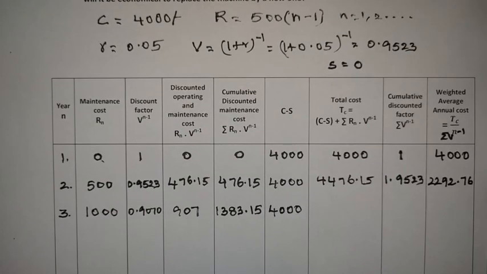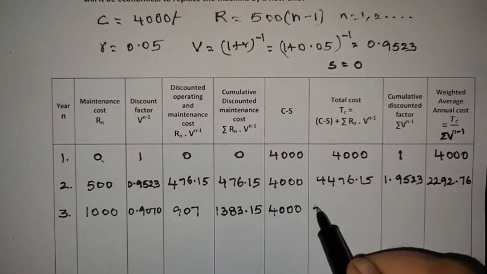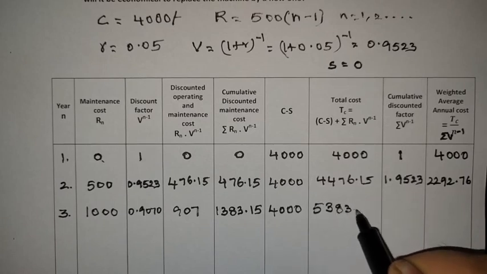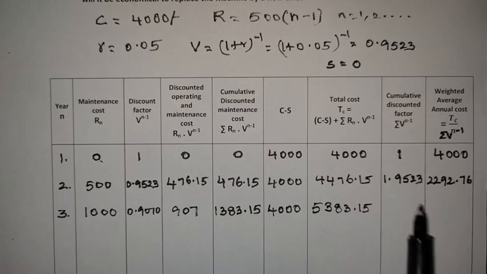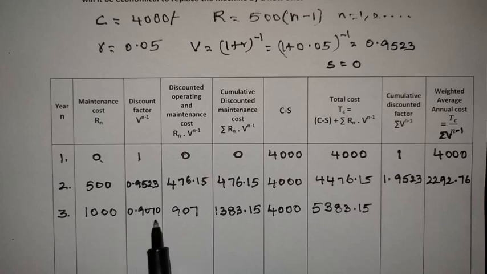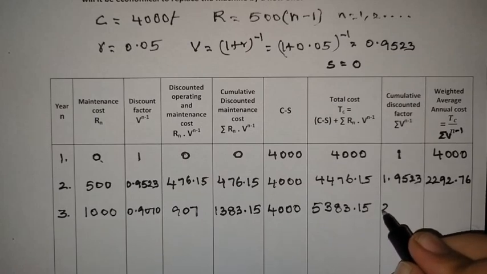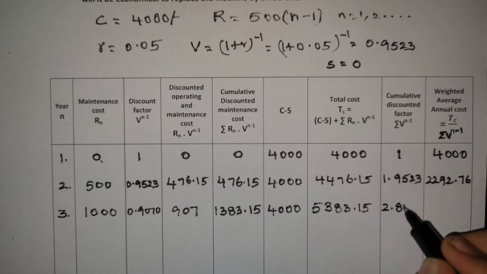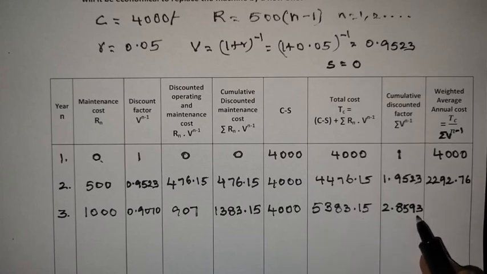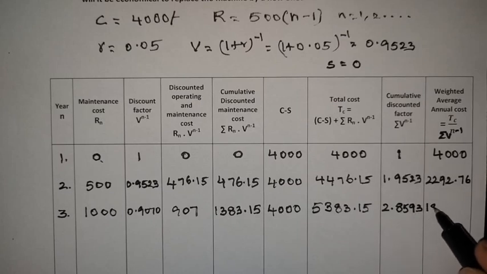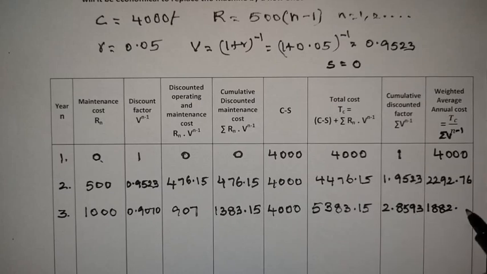Total cost is 4,000 plus 1,383.15, which gives 5,383.15. Sigma V power n minus 1 is 1.9523 plus 0.9070, which gives 2.8593. The weighted average is 5,383.15 by 2.8593, which gives 1,882.68.